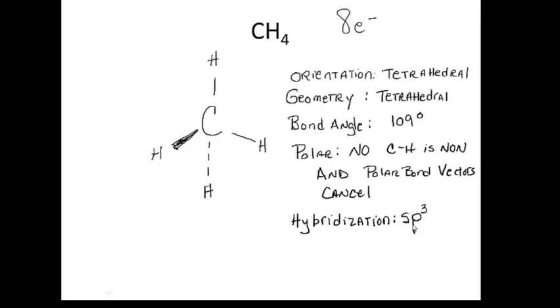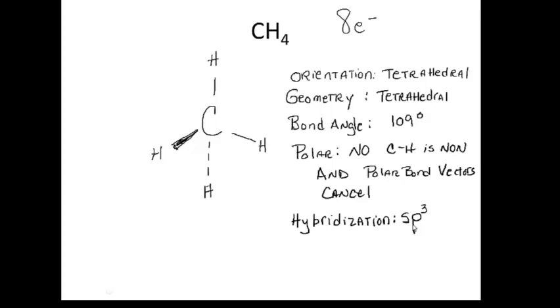The molecule itself is not polar because the carbon to hydrogen bonds are not polar. I gave you that exception to the rule last Friday. Also, even if the carbon-hydrogen bond was polar, because bonds have magnitude and direction, since there are no lone pairs, each of those bonds would be opposite but equal and cancel out.